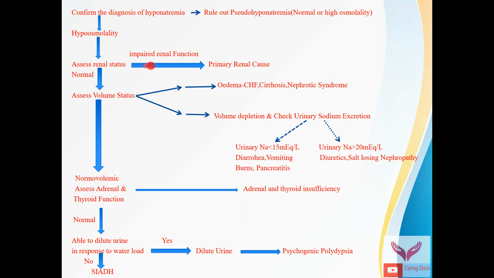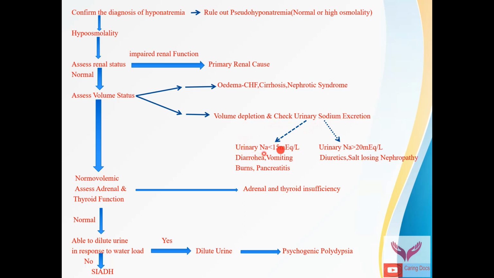If there is impaired renal function, meaning RFTs are deranged, it is a primary renal cause. If the RFTs are normal, then you have to assess the volume status of the patient. If the patient has features of edema, then the cause of hyponatremia may be congestive heart failure, cirrhosis, or nephrotic syndrome. And if there is volume depletion, then check the urinary sodium excretion.